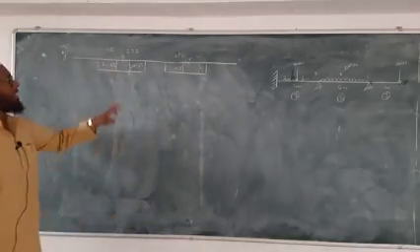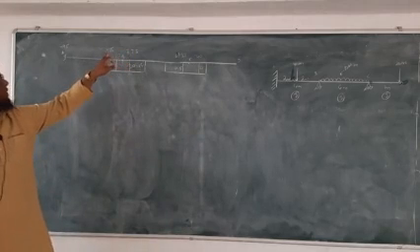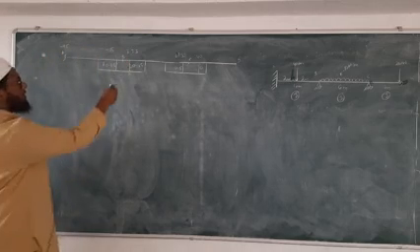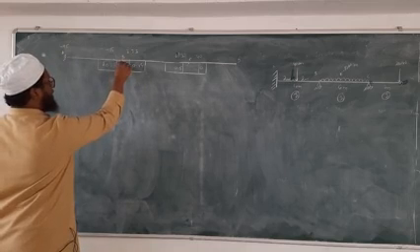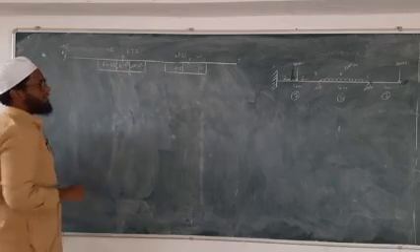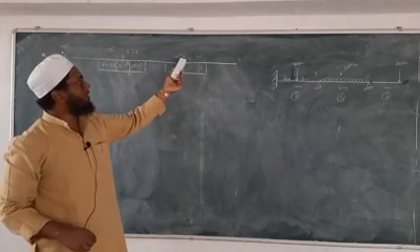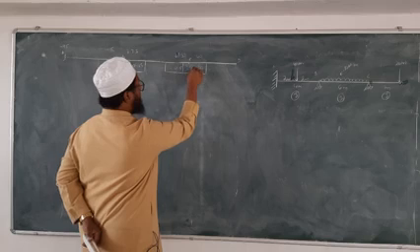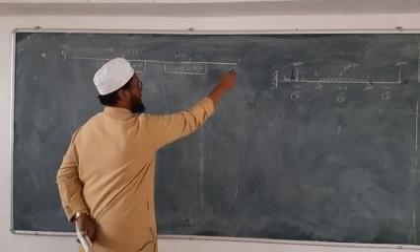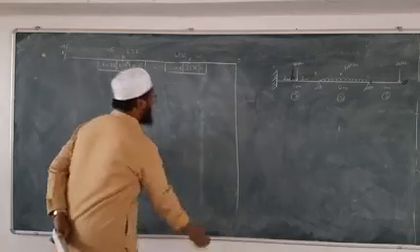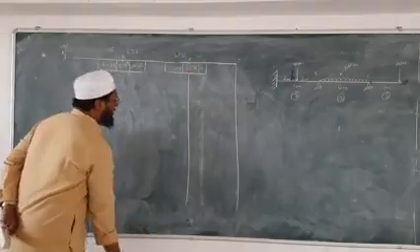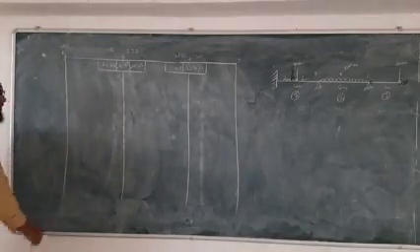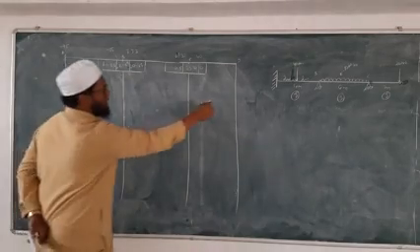Now, add these two values: minus 55 plus 63.33 is minus 51.67, and 63.33 minus 40 is 23.33. Now, the same thing we have to do.